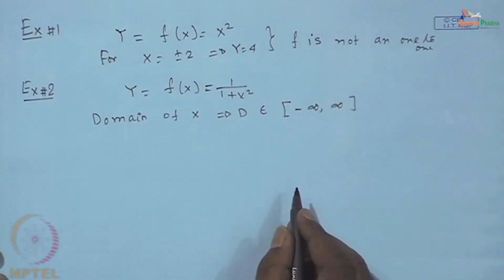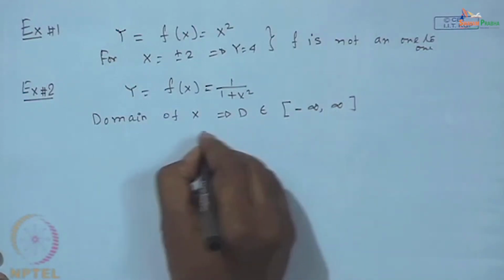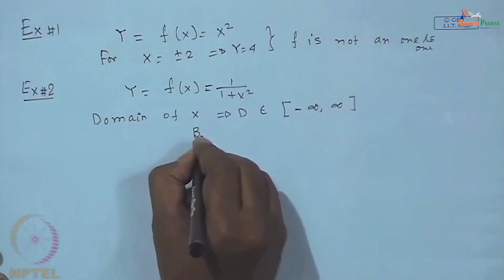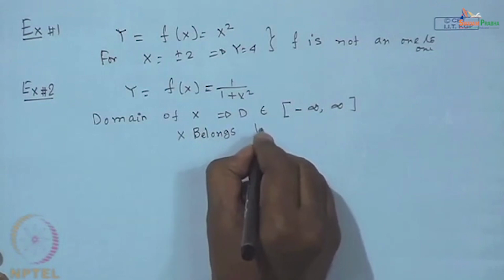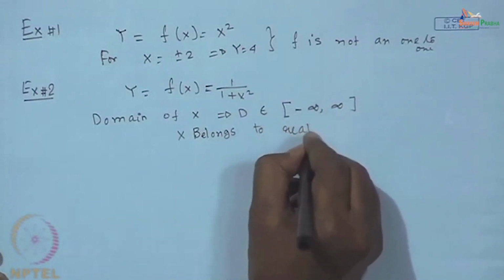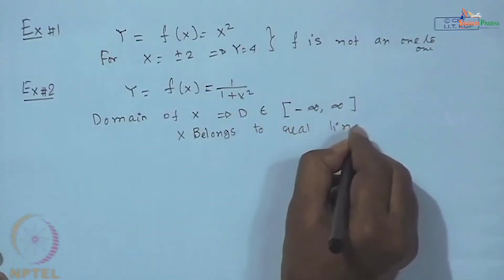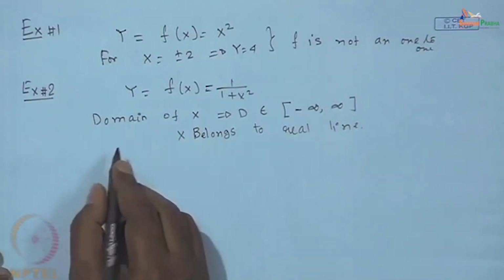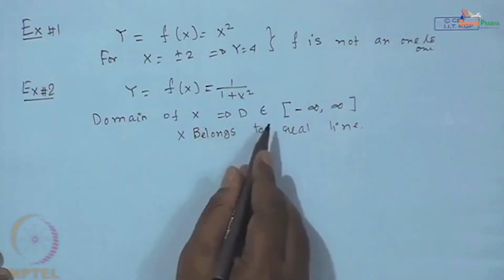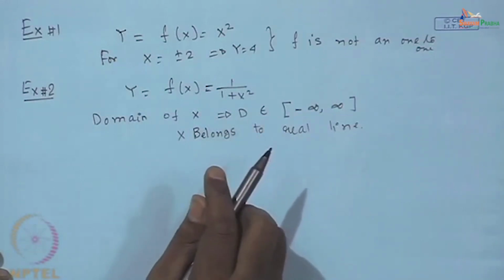That means x belongs to the real line. So, domain of x, D, is minus infinity to plus infinity.